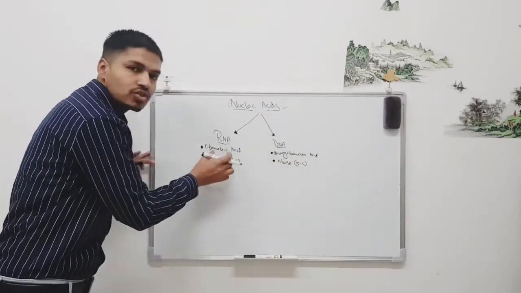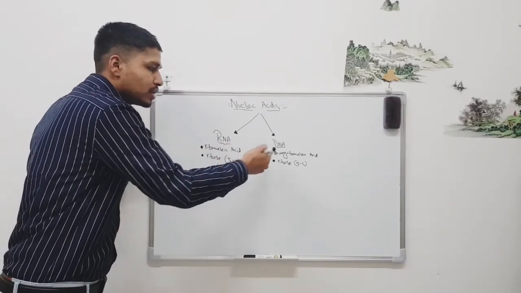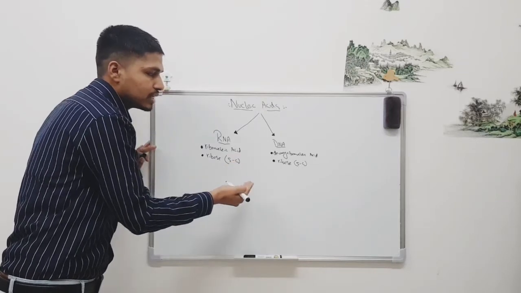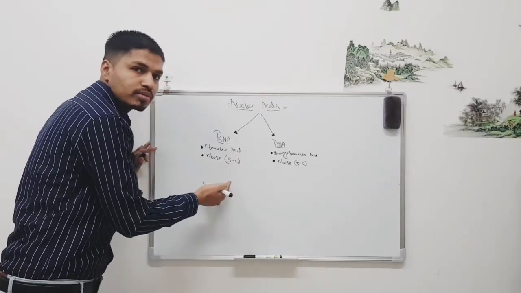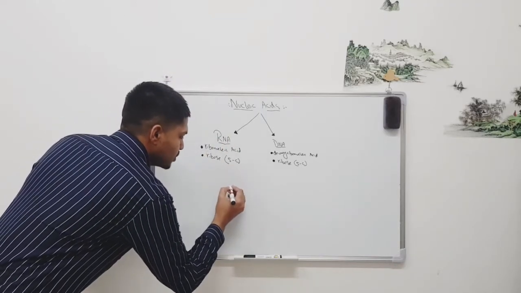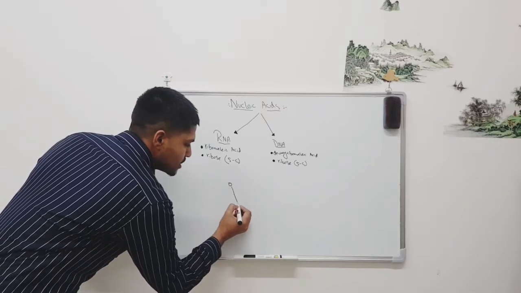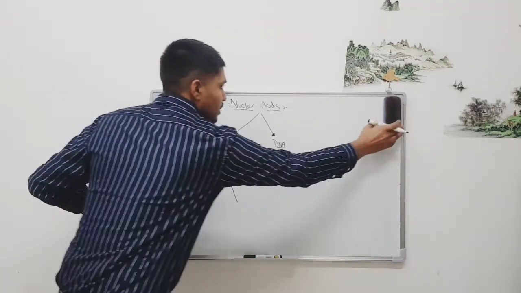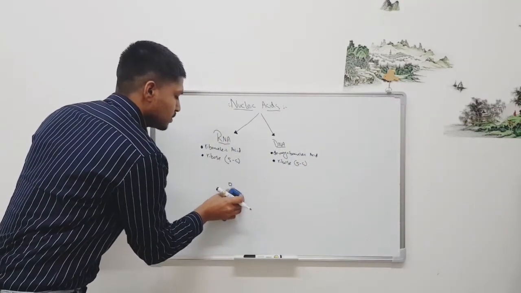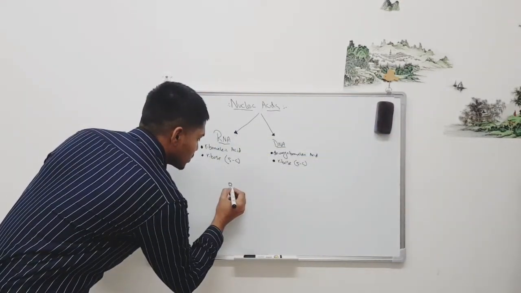Okay, now let's draw the structure for the RNA molecule so that you can easily understand how we can get the DNA molecule from the RNA. So just look at the structure. This is an oxygen molecule.